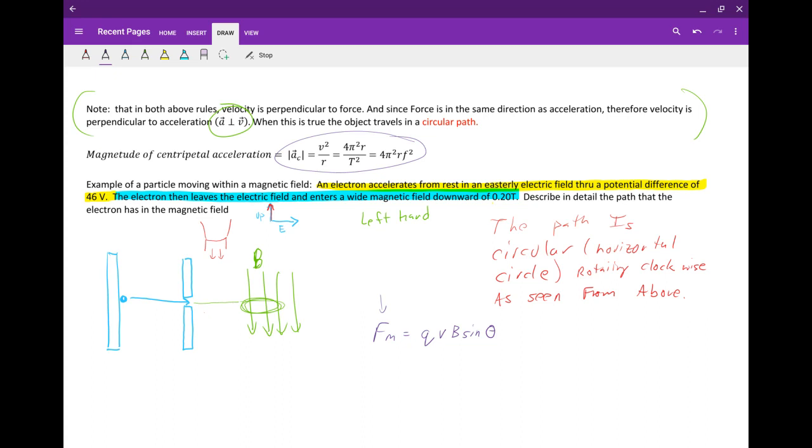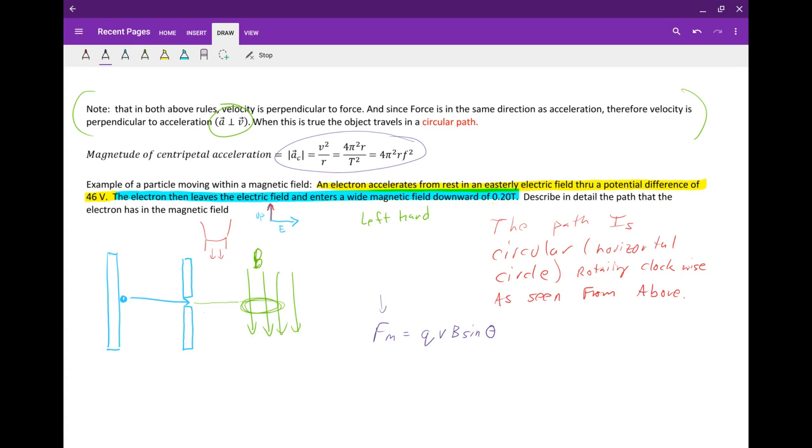Because with a magnetic force, the acceleration and the velocity are always perpendicular, because of the shape of your hand, basically.